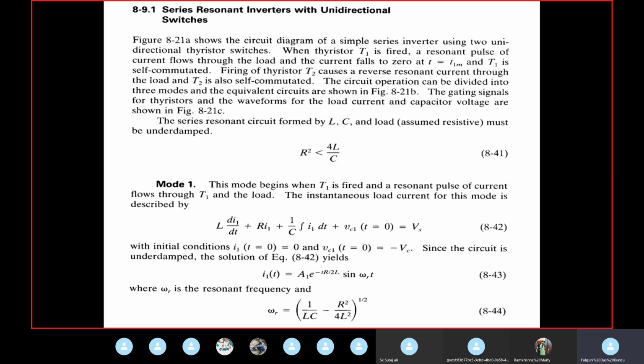Now mode 1. When does mode 1 begin? Mode 1 begins when T1 is fired and the resonant pulse of current flows through T1 and the load.